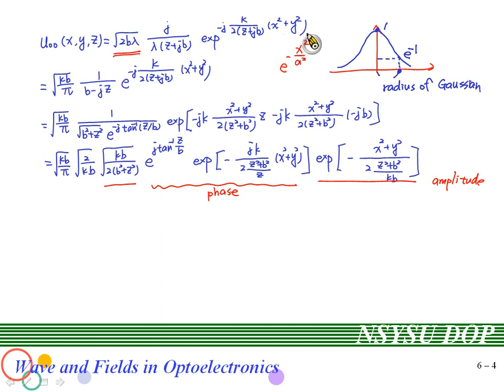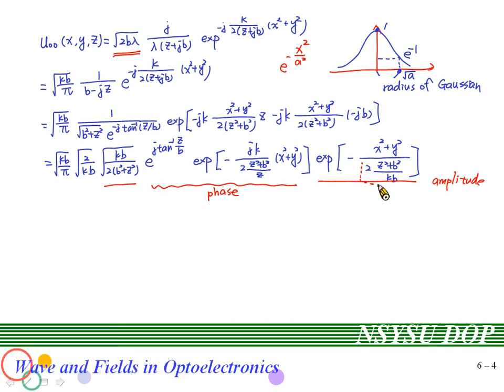And from the expression shown here, you know that the radius of this Gaussian function will be the square root of a. And from this expression, compared to this one, you can see this exponential function is also a Gaussian function, a 2D Gaussian function. What will be the corresponding radius? The corresponding radius can be written as this one.